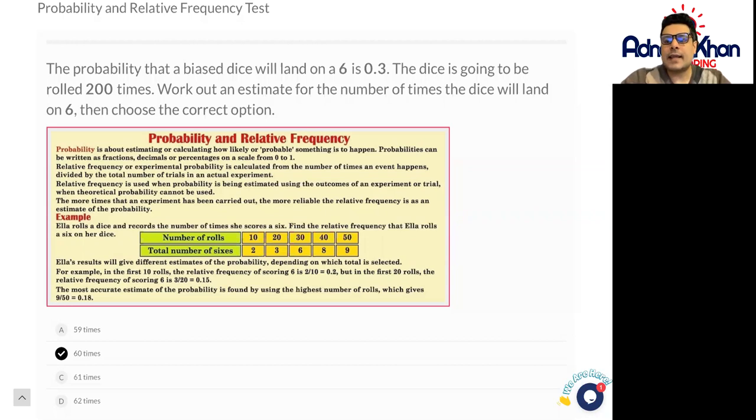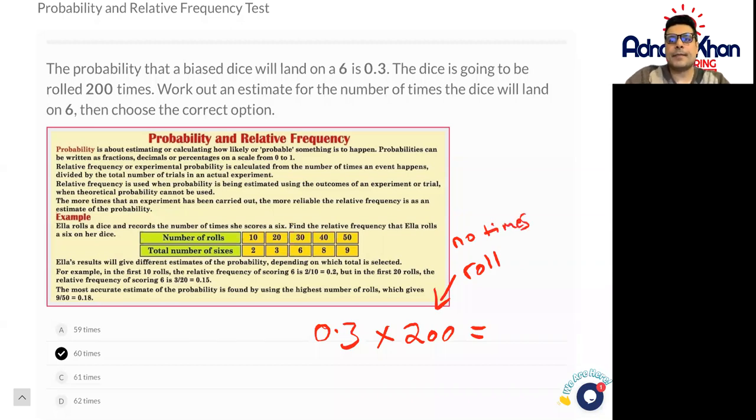So let's take 0.3 and multiply it by 200 times. And the reason we multiply it by 200 is because this is the number of times you're going to roll the dice, whereas the bias is here, 0.3.